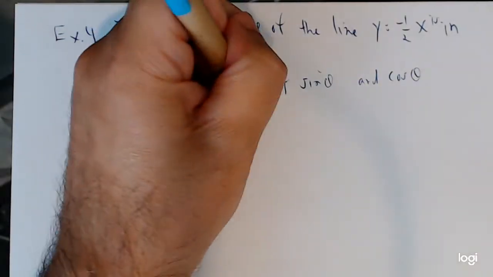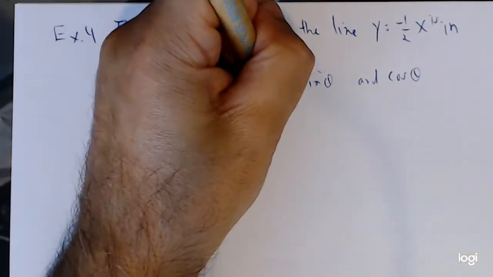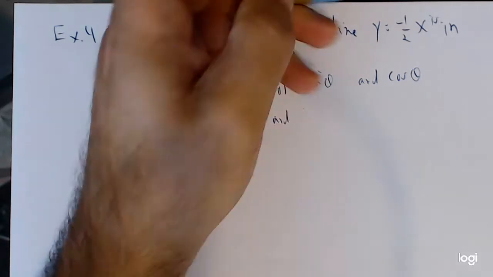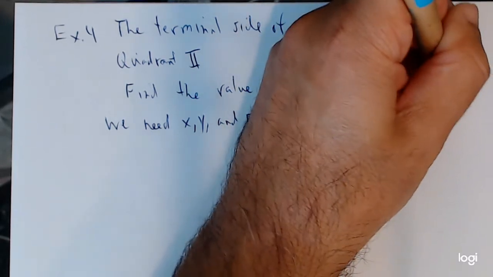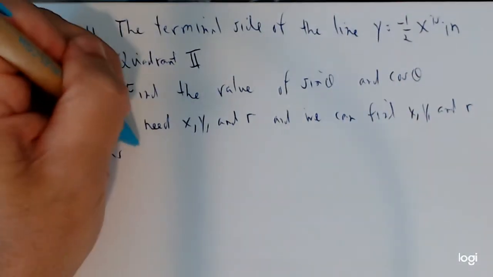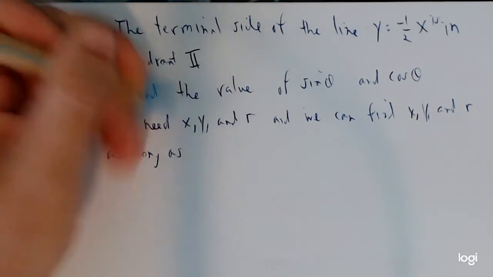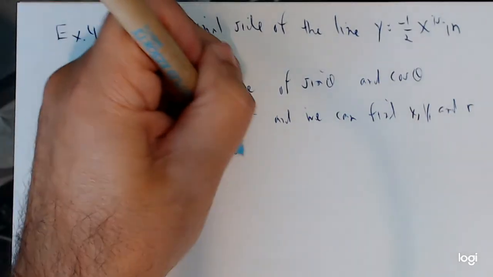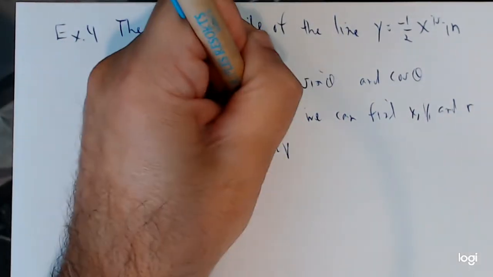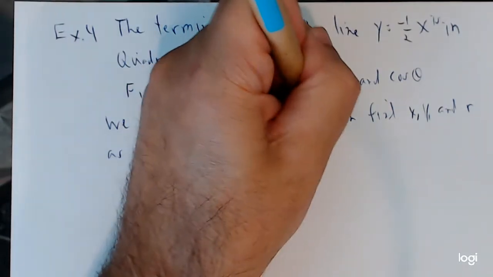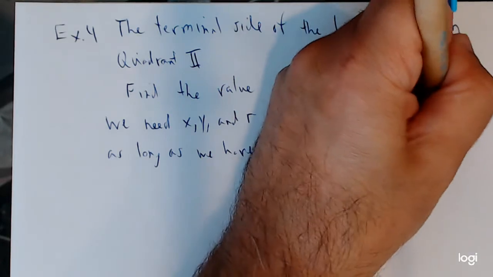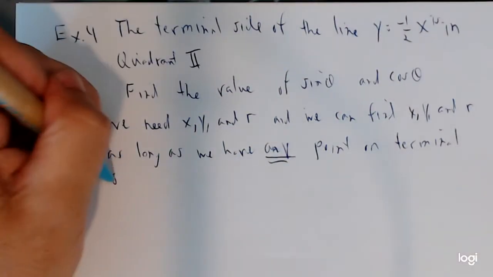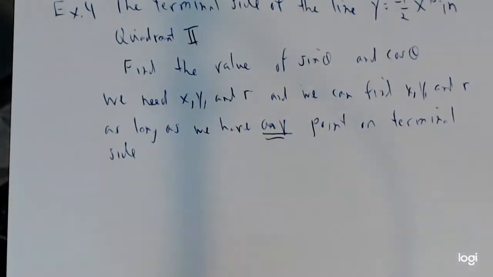And in fact, we can find x, y, and r as long as we have any point on the terminal side. Okay, so here's the key.